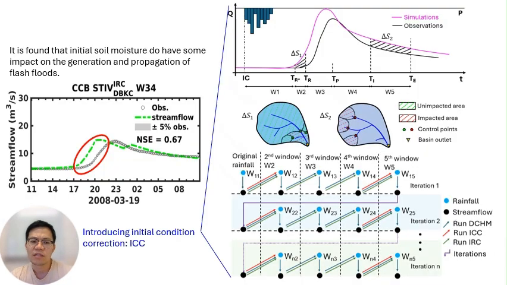In this process, we also found that soil moisture, especially the initial soil moisture, has some impact on the generation and propagation of flash floods. For example, for the IRC streamflow here, we see that it still has a large discrepancy against the observations due to the uncertainty in the initial soil moisture.